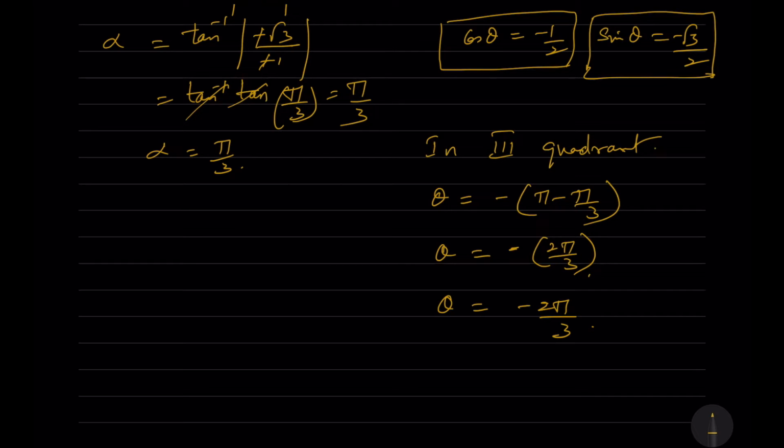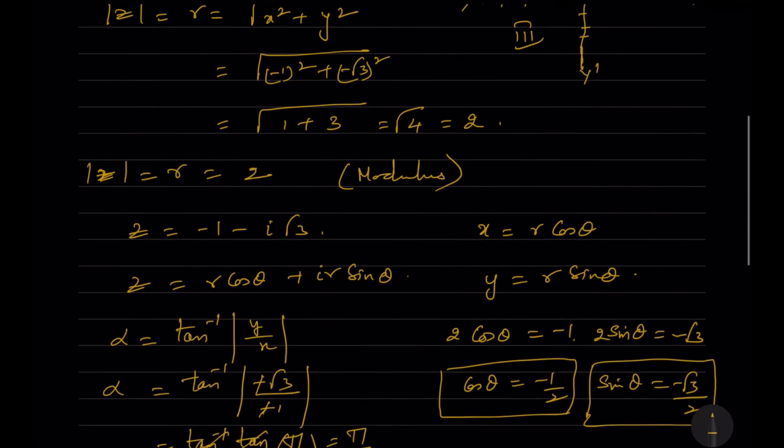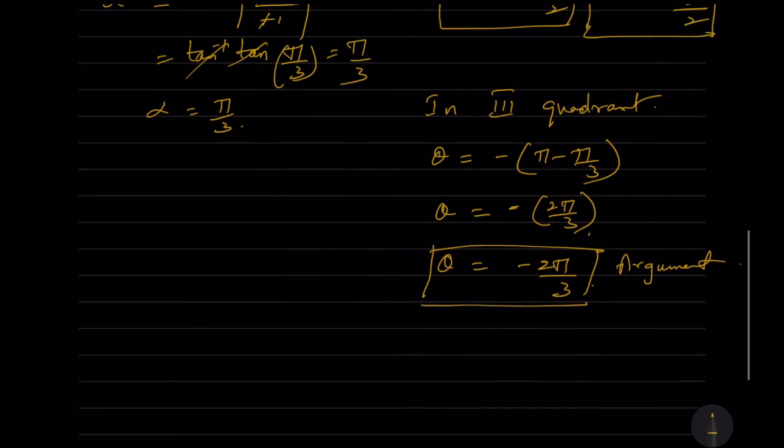In the third quadrant, alpha is equal to pi by 3, and with this pi by 3 we find theta; because it lies in the third quadrant, as I have already explained, theta is equal to minus of pi minus pi by 3. This is called the argument, and this is the modulus which I have written here.